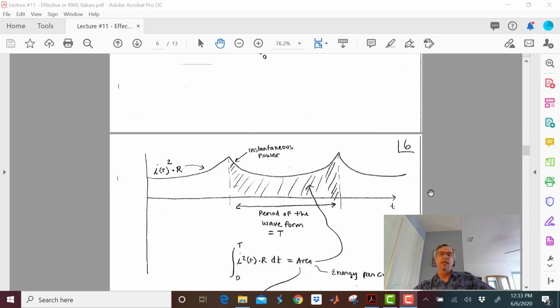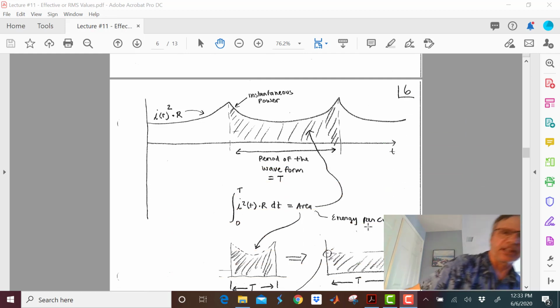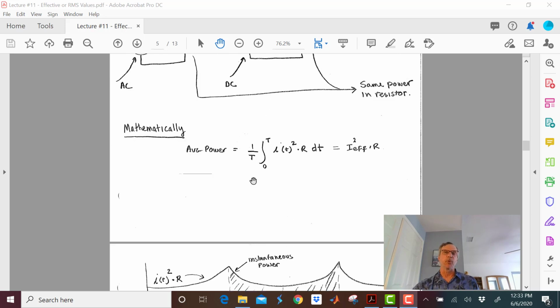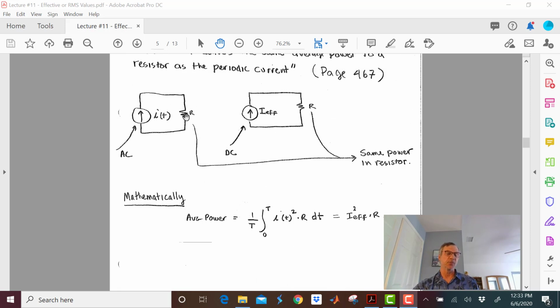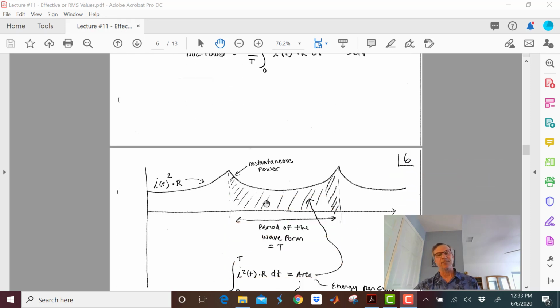Okay, so let's take a look at this in a little more detail. This kind of looks like the Golden Gate Bridge, but it's not. What I'm looking at is the instantaneous power of that resistor when it's driven by some source. In reality, if we're really just driving a resistor with an AC source, then we would end up coming down to 0 in the middle, wouldn't we? Because when that AC source goes through 0, I get no instantaneous power.